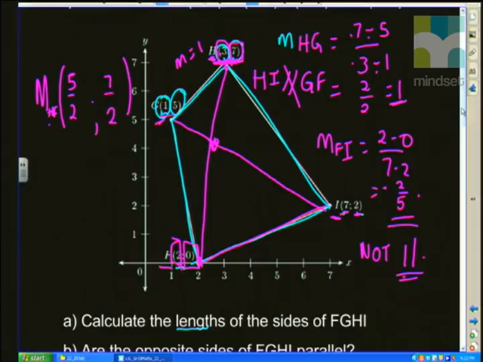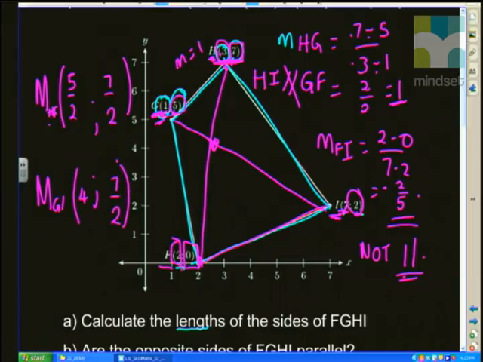Obviously, if these diagonals bisect, then the midpoints of GI will have to be exactly the same. Midpoint of GI, it's going to be 1 plus 7, which is 8, divided by 2, which is 4. All right? And then it's going to be 5 plus 2, which is 7, divided by 2.